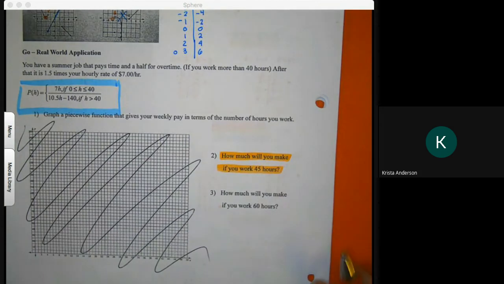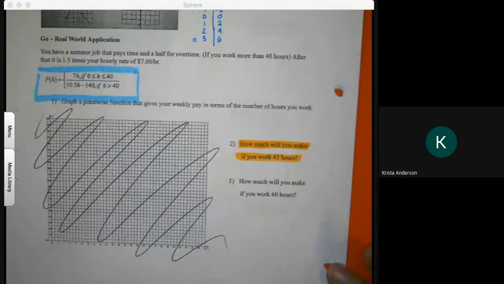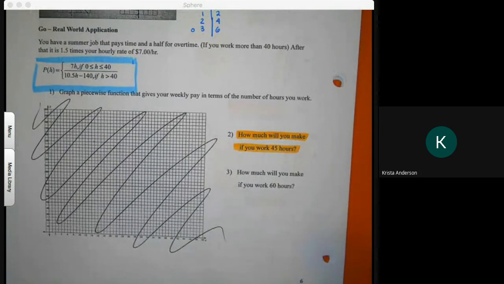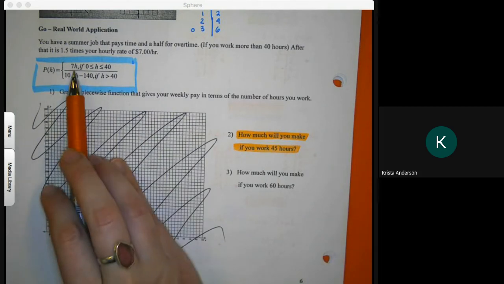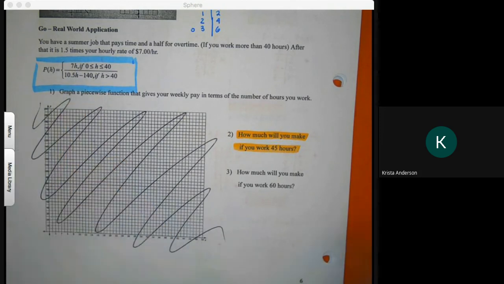There are different ways to do this. Does anybody have an idea? Plug in 45. It's a piecewise function. I have 2. Where would I plug it in for H? In this top one or in this bottom one? Why the bottom one? Because you go over 40.